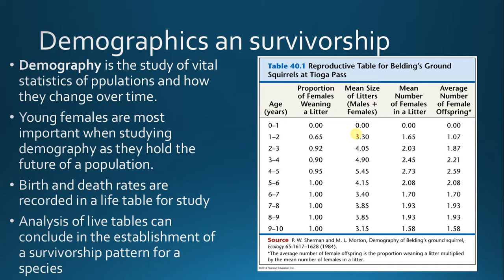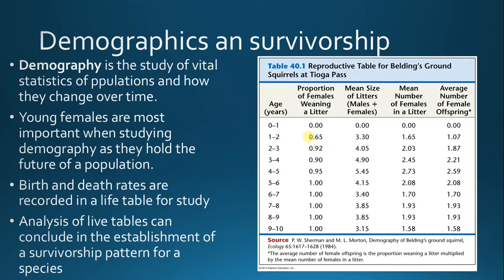So what population ecologists study are really females that give birth to other females. And this table is called a reproductive table, and that's for the Belding ground squirrel. It has the age of different females and the proportion of females that have a litter.